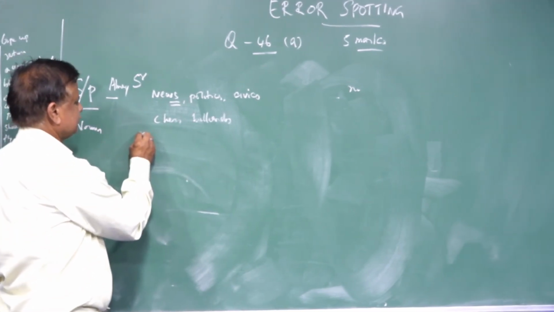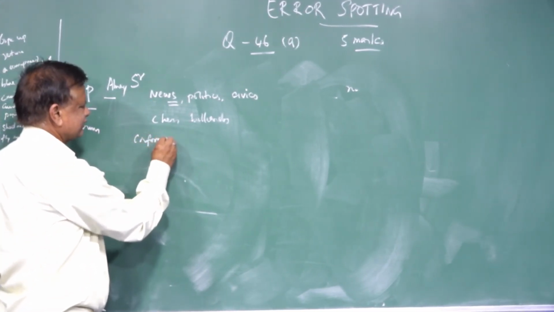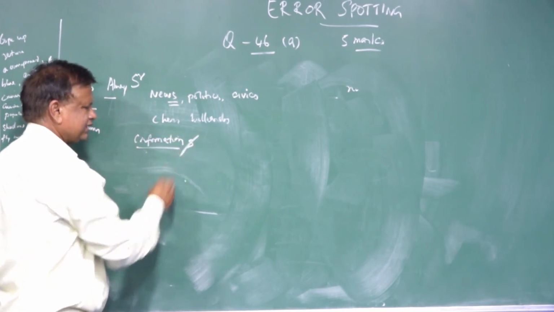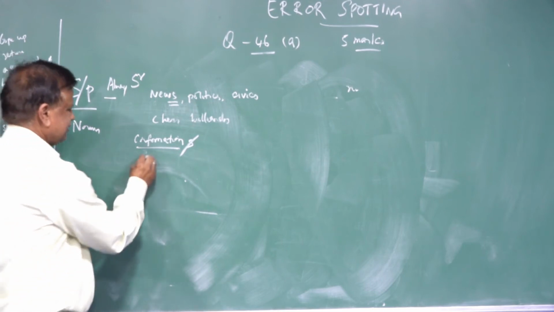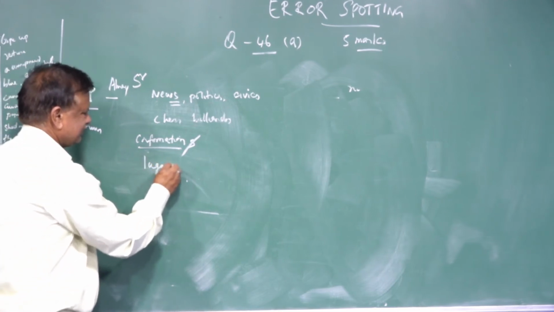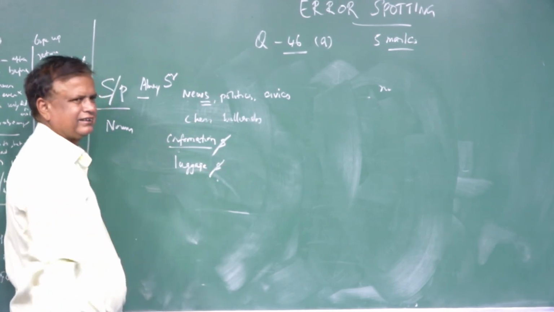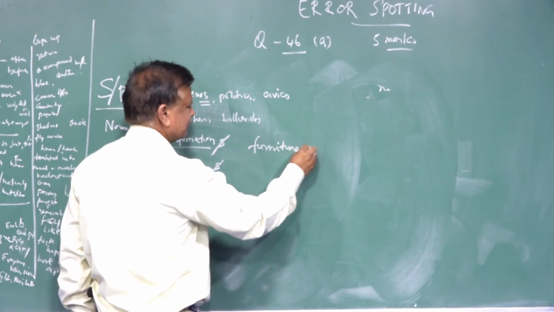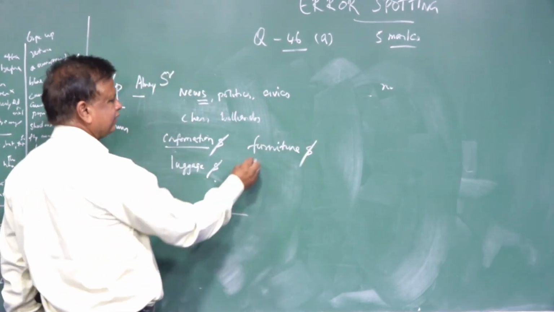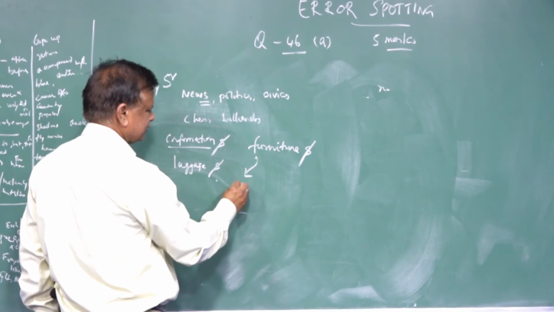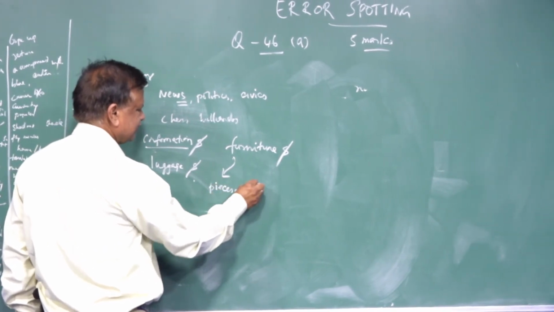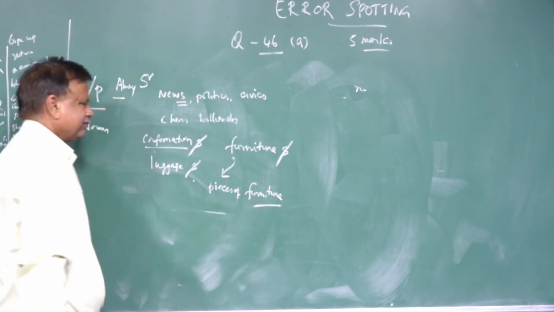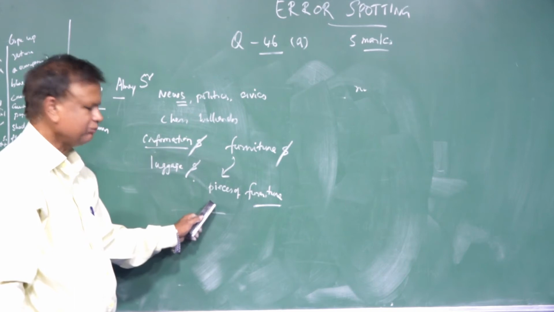Similarly, there are also certain words like information. This is information only, I cannot use it as informations. This is luggage, I cannot use luggages. Furniture, no furnitures, furniture only. But if I want, I can use pieces of furniture, which is the plural form.